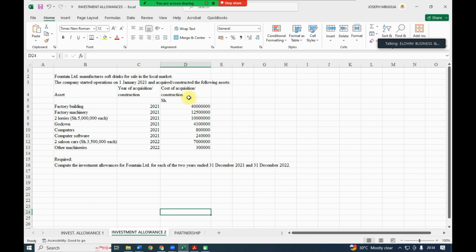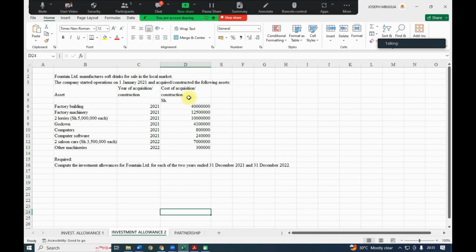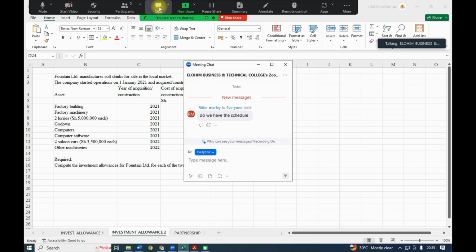We are required to compute the investment allowance for Fountain Limited for each of the 2 years ended 31st December 2021 and 31st December 2022. So we are calculating for 2 years, 2021 and 2022.